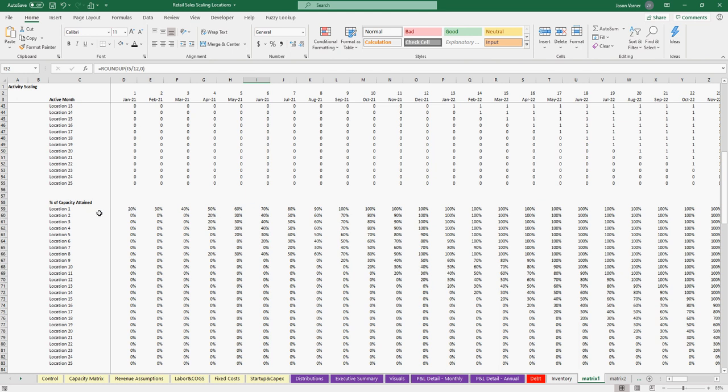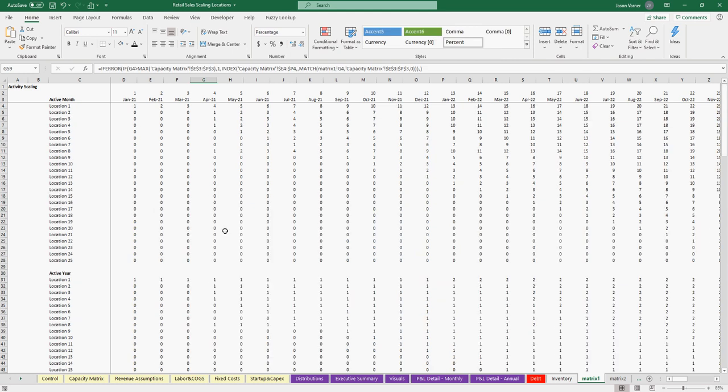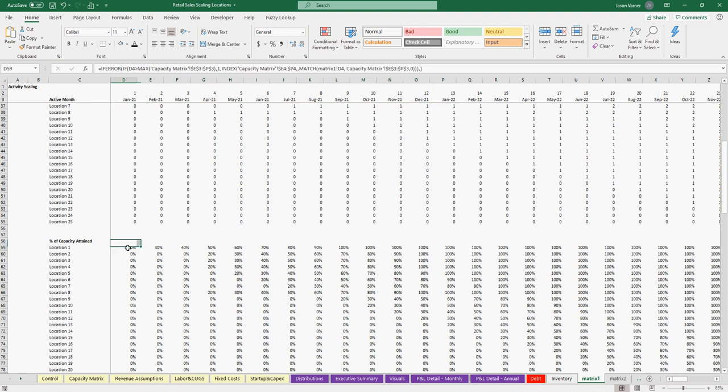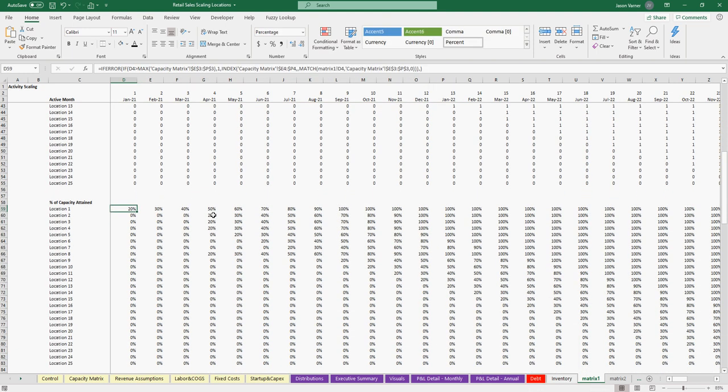So this looks at each location and figures out based on the month of the life of it what percentage it is at. So here you can see each one starting as 12 month start here. So 20, 30, 40, 50, all the way to 100. Then once it gets to 100, it goes to max.